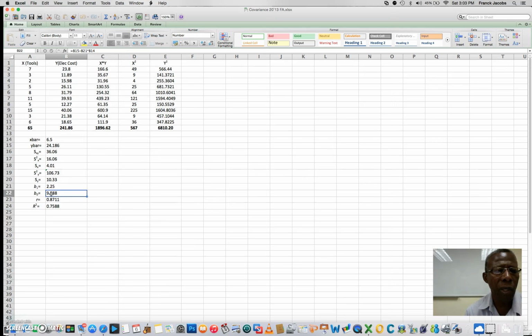So y equals B0 plus B1 times X. B0 is the constant term, or the fixed cost in accounting terms, and that is calculated by y bar, which is at B15, minus B1, which we've just calculated, which is at B21.